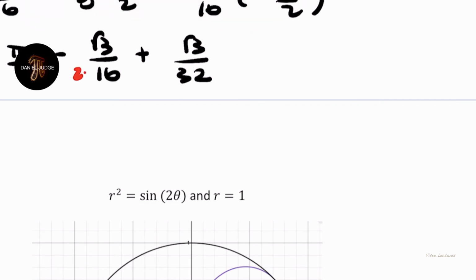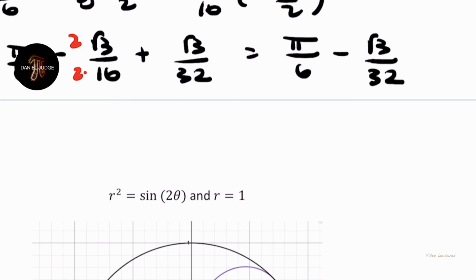So multiply the bottom times 2 and the top times 2. Looks like it's pi over 6. Got to change that. Pi over 6, negative 2 plus 1, minus the square root of 3 over 32.